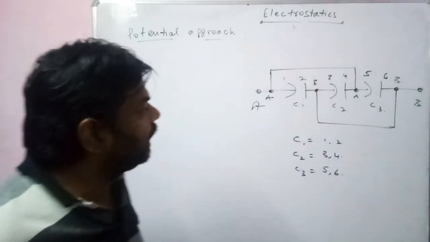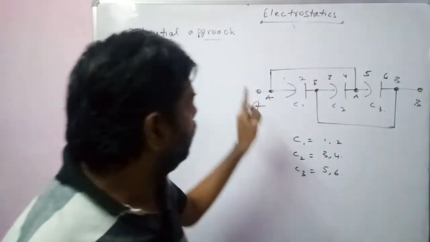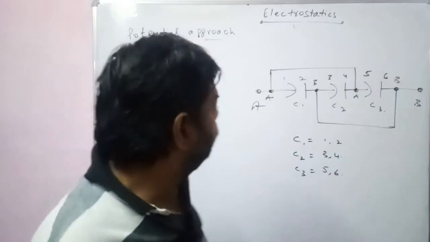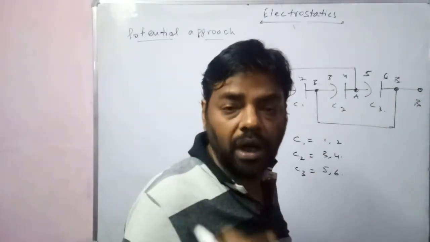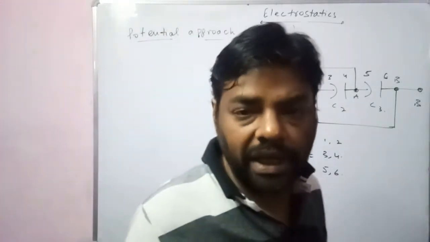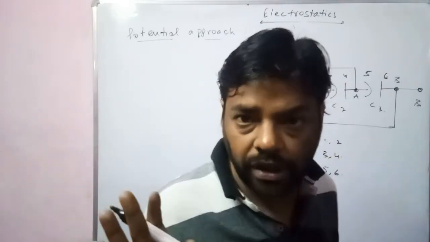Now let us target the names of the junctions. When we look at the circuit, we find only two letters, A and B. So all the capacitors are connected between A and B, as it appears in the circuit.